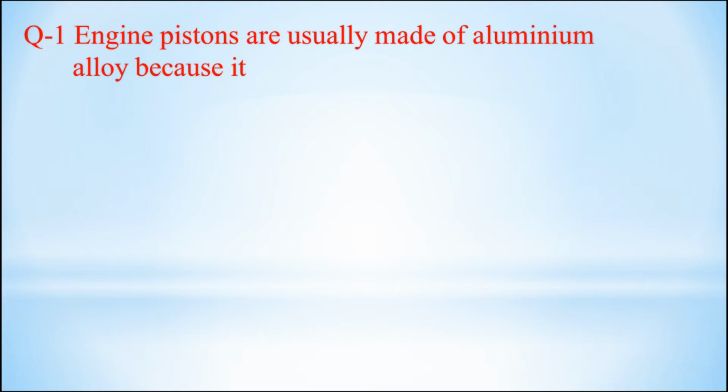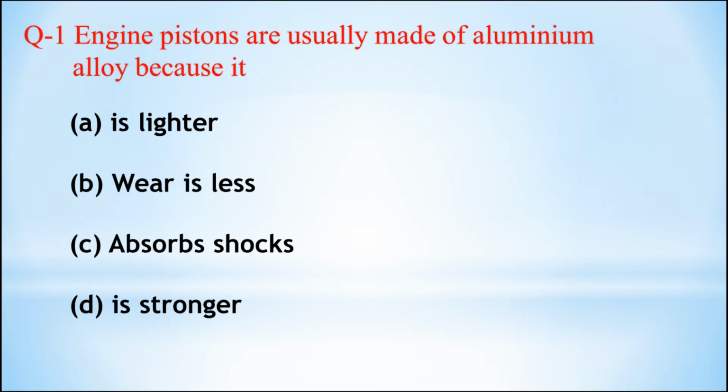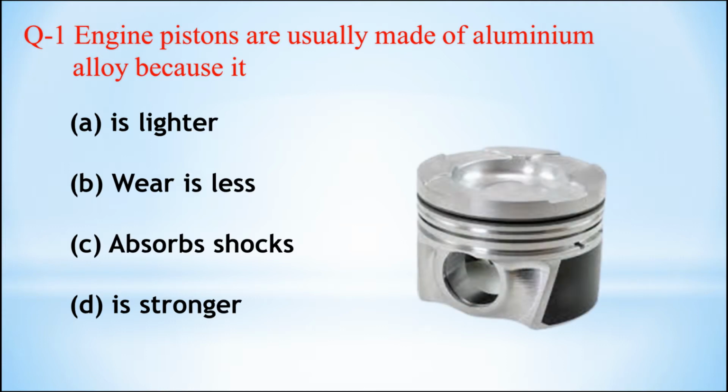Engine pistons are usually made of aluminum alloy because: option A, it is lighter; option B, wear is less; option C, it absorbs shocks; option D, it is stronger. We know that aluminum is a lightweight material, and during the compression and exhaust strokes the piston travels from BDC to TDC.